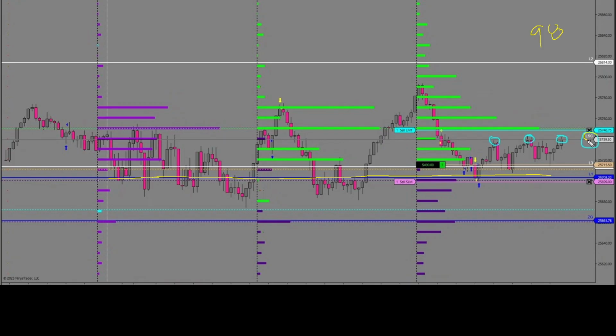See the last closing price from yesterday, from the day before. The price touched 1, 2, 3 times, and I took a long position here because we are over the 0 gamma. This is the 0 gamma, the orange line.